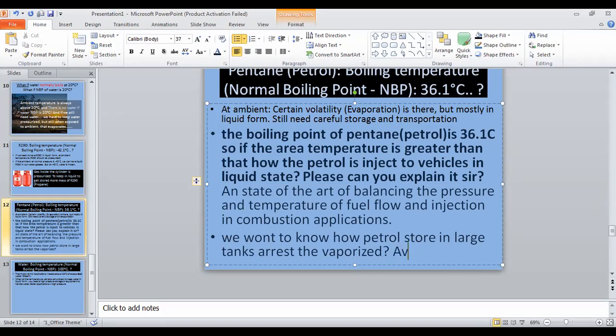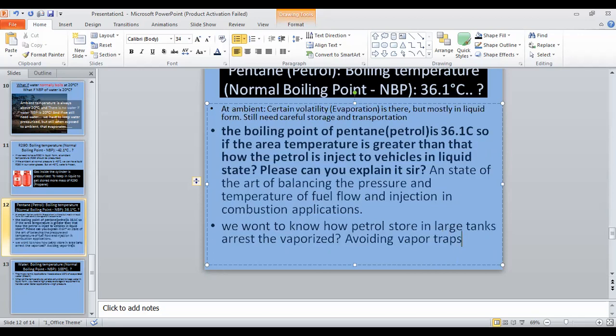So avoiding vapor traps is also an art involved in storage solutions. So here I don't think vapor is being released to outside.